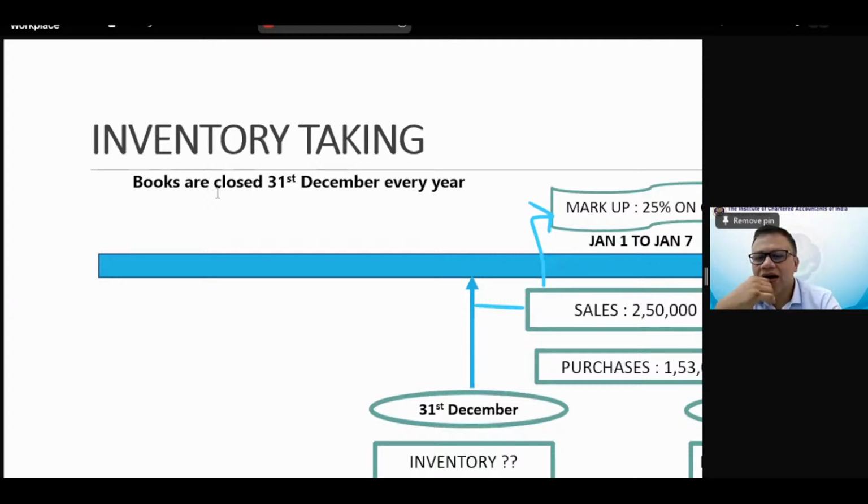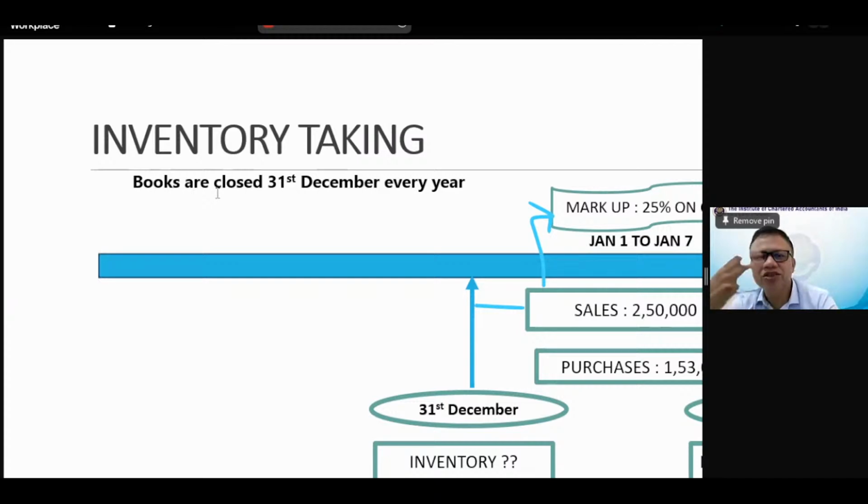See, from 31st to 7 January, I have done sales of 2,50,000, right? And purchases has been 1,53,000. How will I get the inventory? Inventory is always at cost only, right? Now you see, the sales of 2,50,000 happened out of the 31st December lot, because the purchases is only 1,53,000.